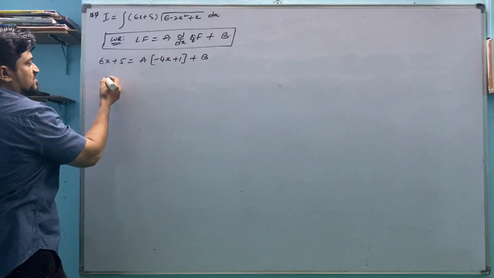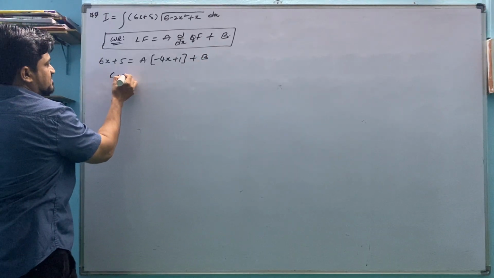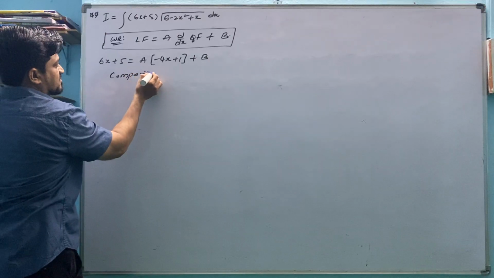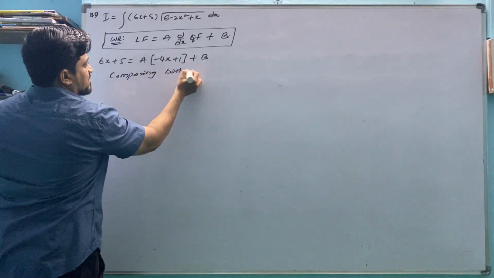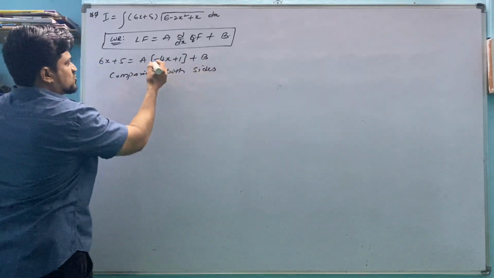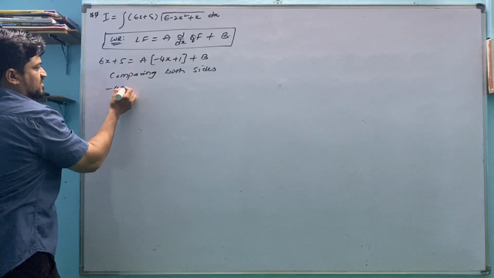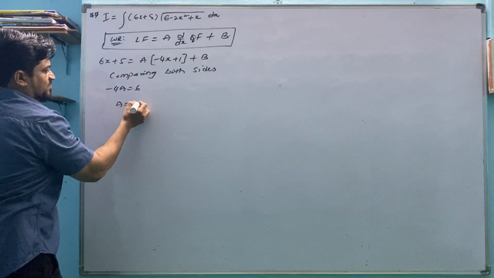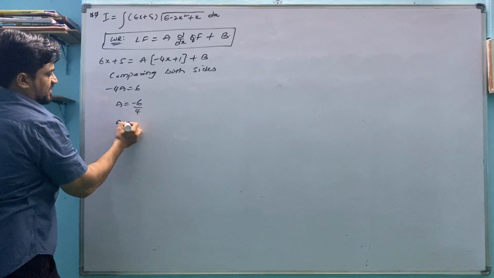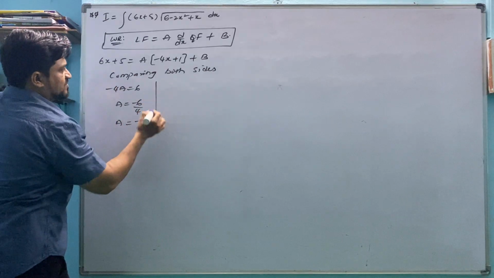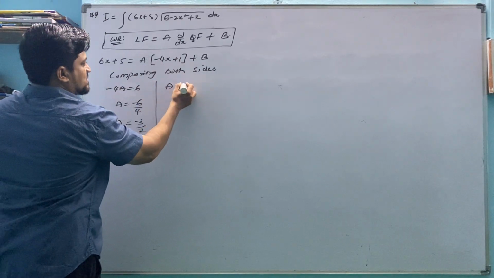Now comparing like terms on both sides. Minus 4a equals 6, a equals minus 6 by 4, a equals minus 3 by 2. Then constants we are comparing.